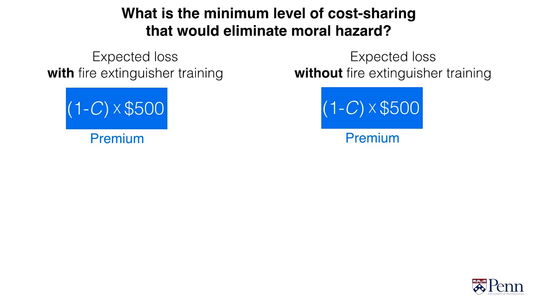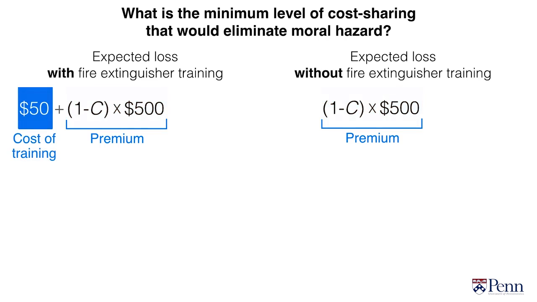But if the owner chooses to train his employees, he will pay $50 for training. And if he decides to forego training, he pays nothing. But that comes at a cost, because the owner is now exposed to risk on his co-insurance rate.